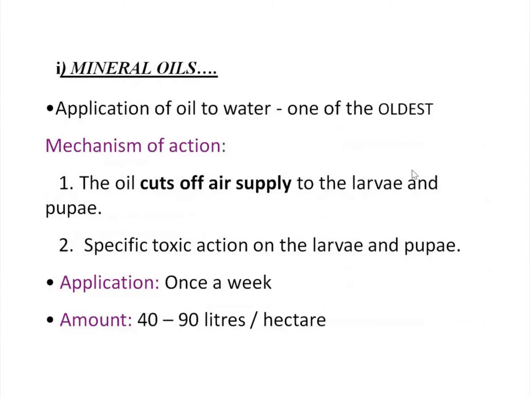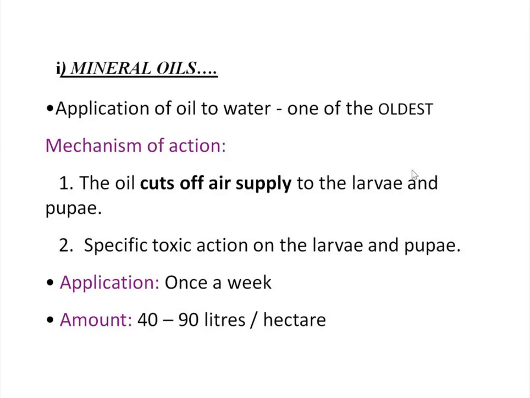How do these mineral oils exactly act and how do they kill the larvae? They cut off the air supply to the larvae and pupae present on the water surface, and that's how they kill the larvae or pupae. The frequency of application is once a week, and the amount is 40 to 90 liters per hectare of water.